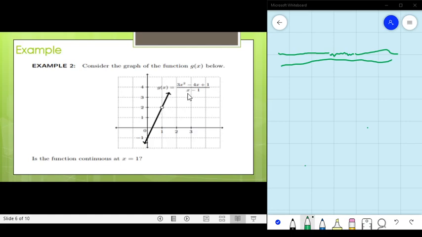Notice that at x equals 1, the denominator of g of x will become 0 when we replace x with 1. So 1 minus 1 is 0. That means x equals 1 is not in the domain of g of x.